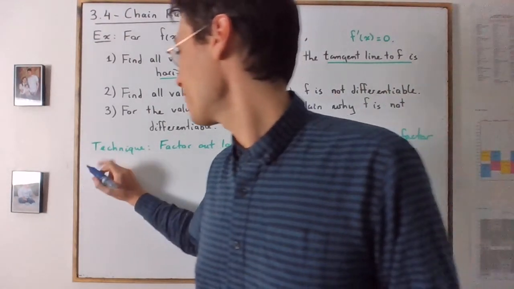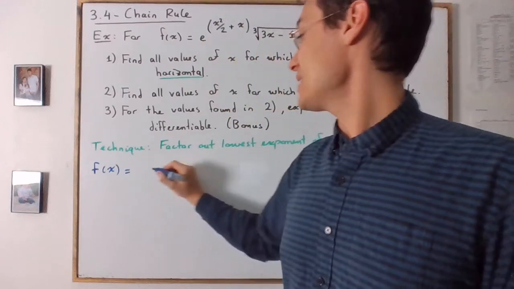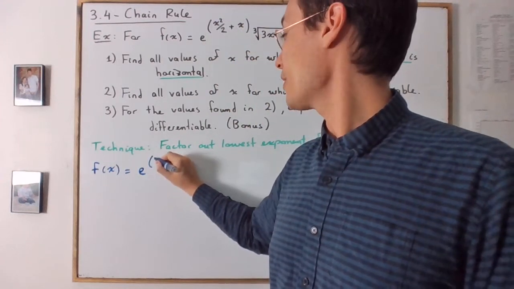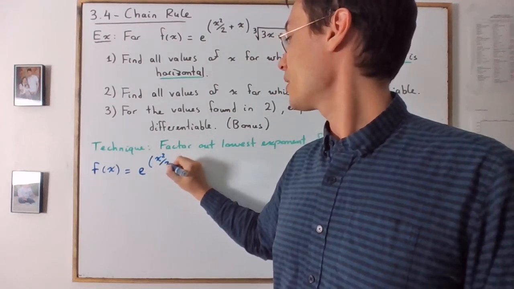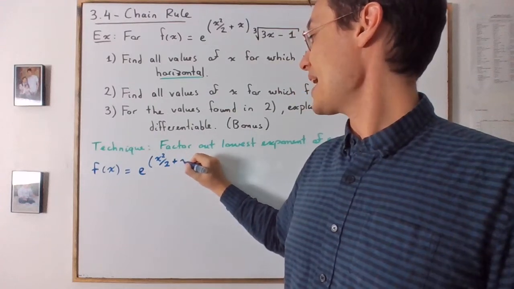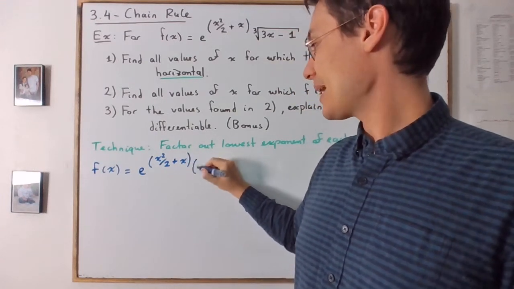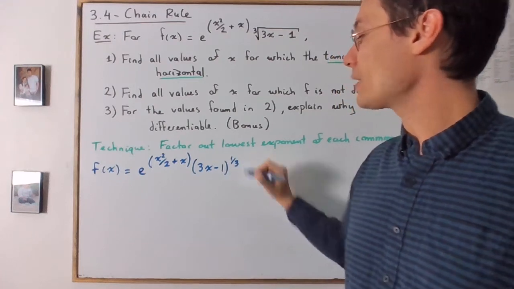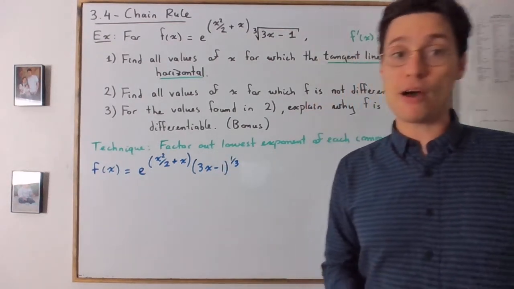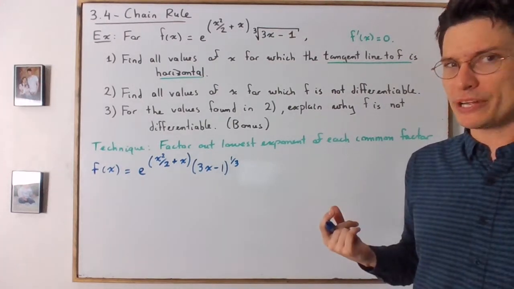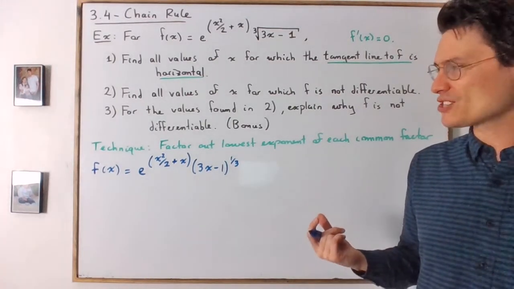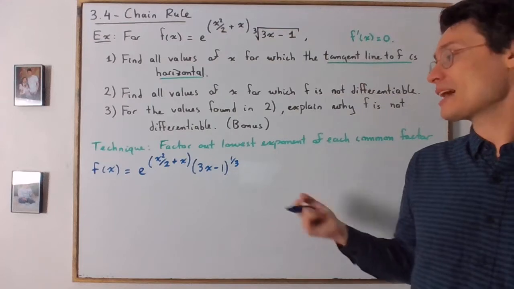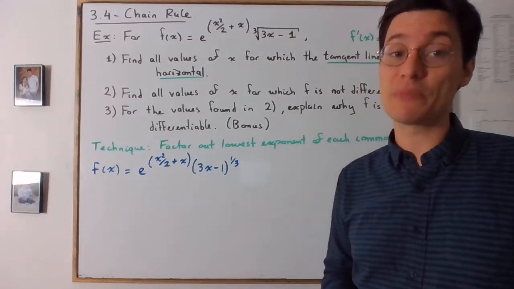Before taking the derivative, let's write e to the power of x squared over 2 plus x times 3x minus 1 to the power of 1/3. Using a rational exponent like this will actually help the differentiation.